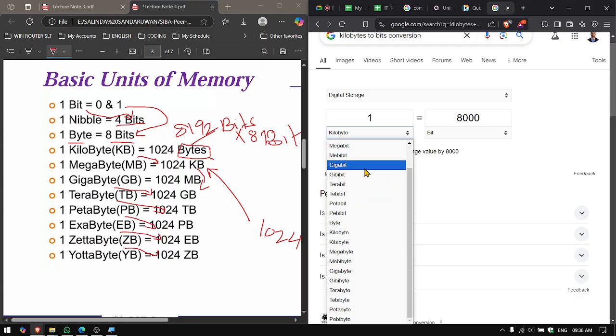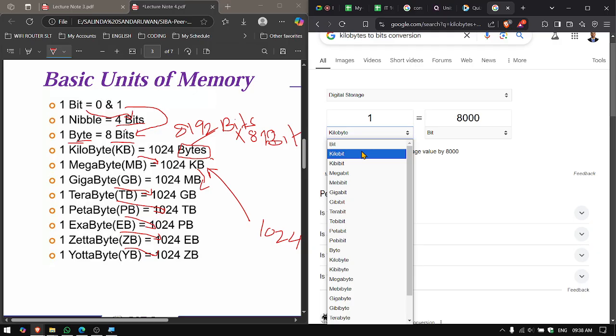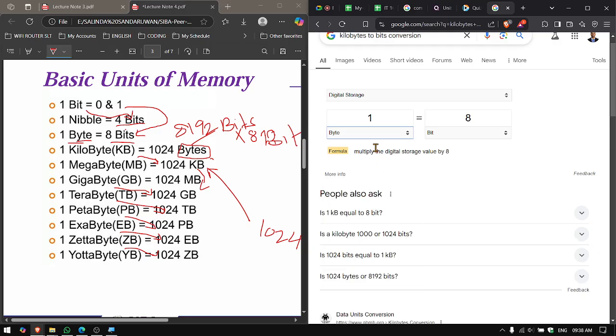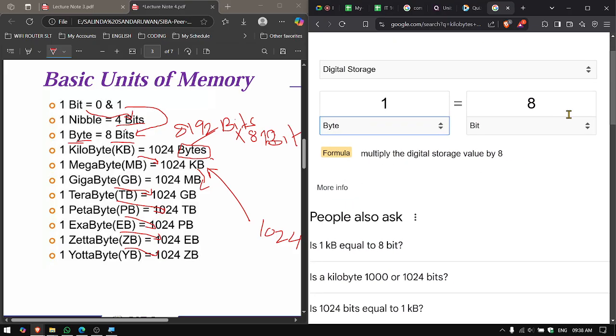Nibble means 4 bits, right? We'll skip it. Then we'll get the byte, right? 1 byte, here in bits. If you go to byte here, 1 byte, it's 4 bits. It's true. Then this one is okay.